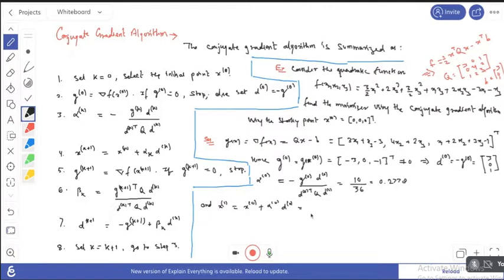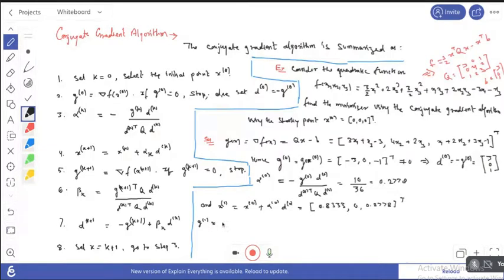So your x1 point is 0.8330, 0, 0.2778 transpose. Then, once we find x1, what is your g1?